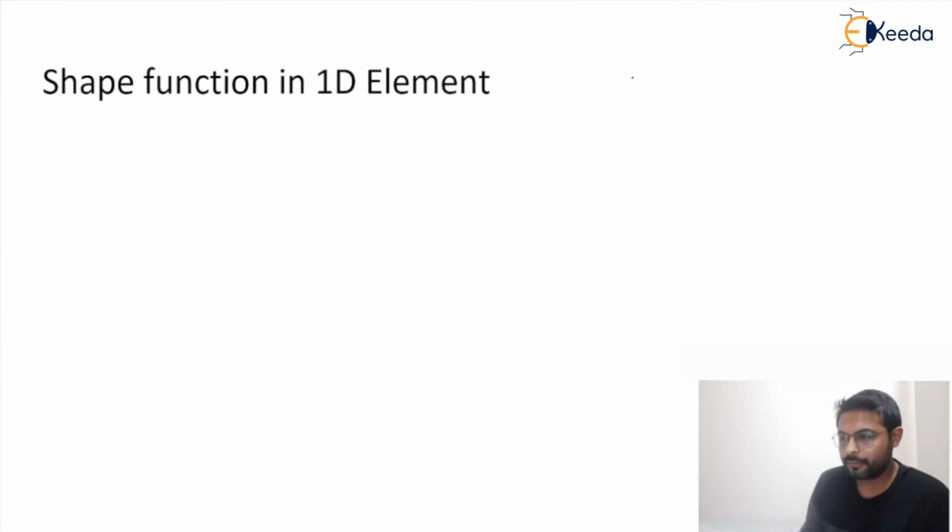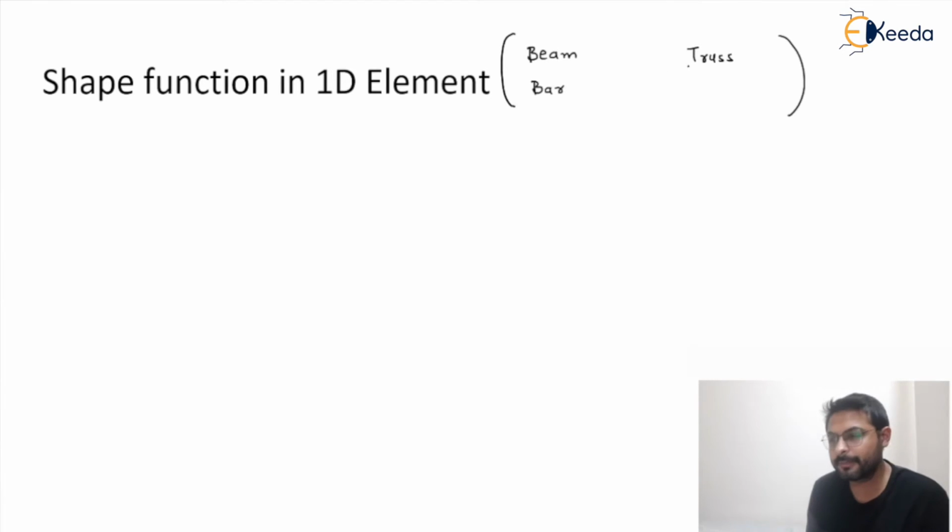There are different problems like beam, then bar, then truss. All these are examples of 1D elements because we are only focusing on the change of property in one direction only. So that's why these can be considered as 1D elements.